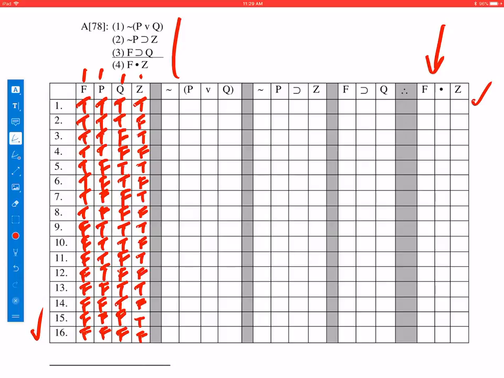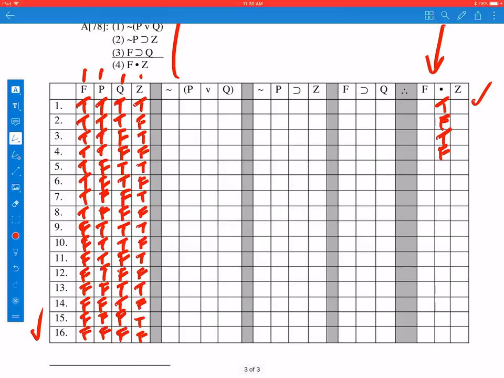Line 1, f is true and z is true, so the conclusion would be true. Line 2, f is true and z is false, so this would be false. Line 3, f is true and z is true, so the conclusion is true. Line 4, f is true, but z is false, so this is false.